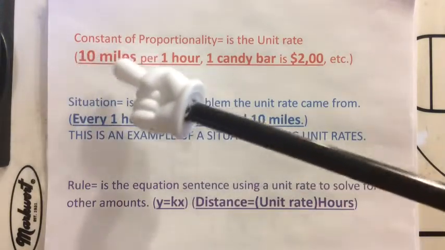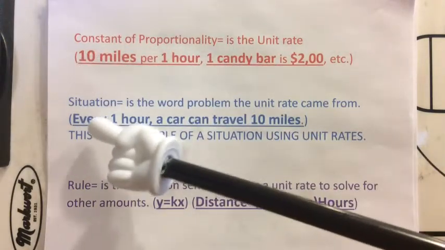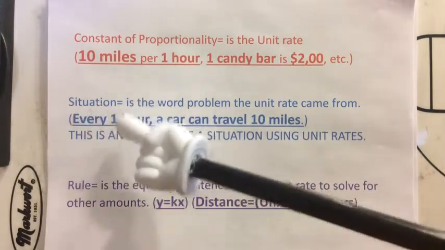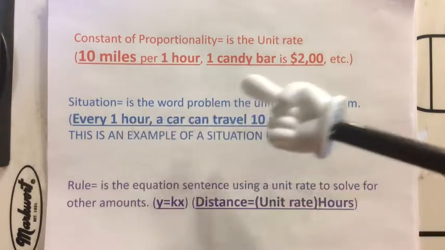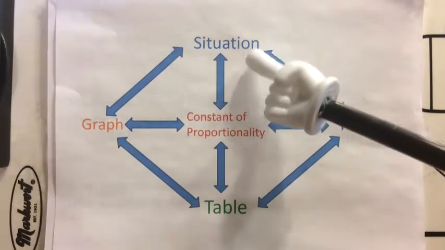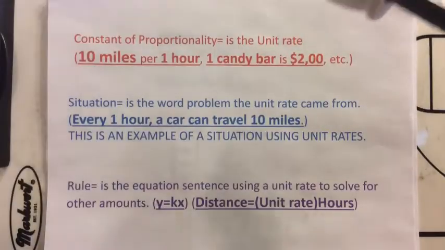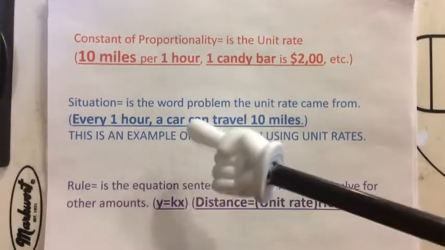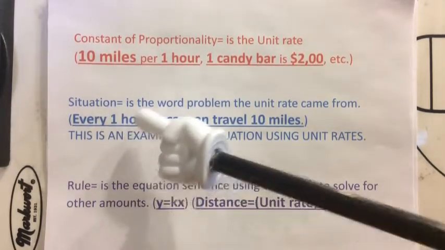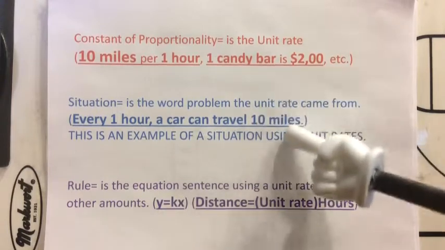Instead of saying just 10 miles per 1 hour, it is actually put into a mini word problem. So every time a car would go 1 hour of driving, it can cover 10 miles. So if you were to take a look back at your chart and look at situation, you are actually going to write the mini word problem. So where situation is put, you would put every 1 hour, a car can travel 10 miles.